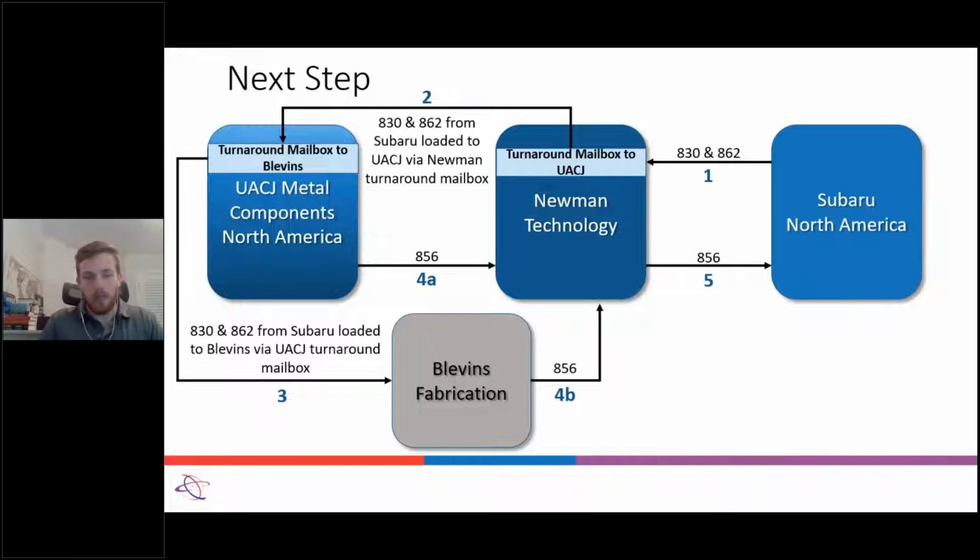So our solution to that will be in UACJ, setting up an additional turnaround mailbox that once the 830 and 862 are received in UACJ, they will immediately be turned around to a Blevins mailbox and sent through. So at that point, all of the releases will live in tandem and be maintained in tandem from the single 830 and 862 outbound transaction from Subaru.